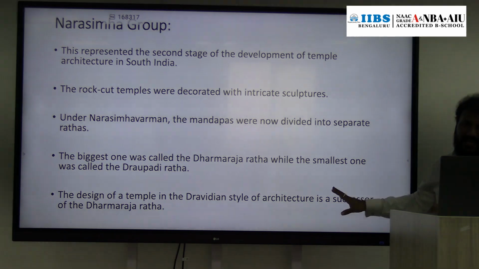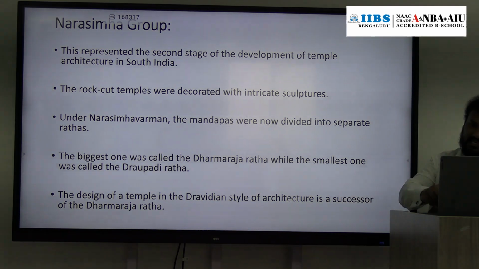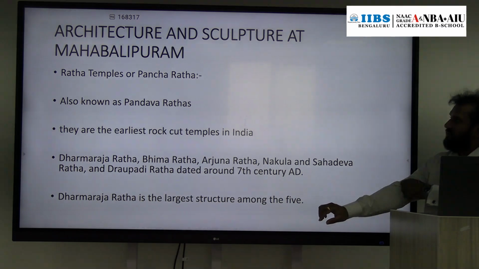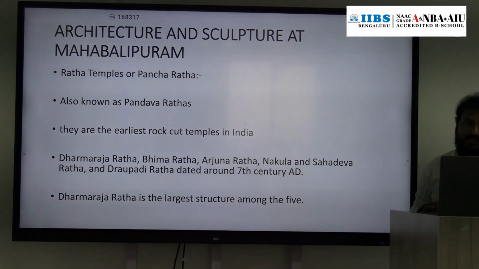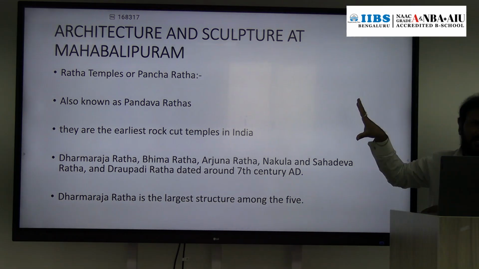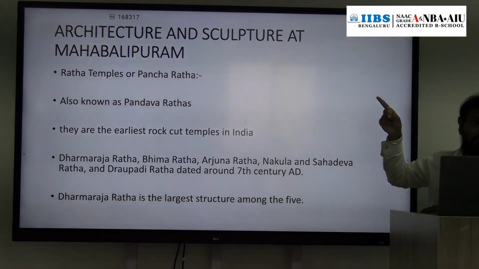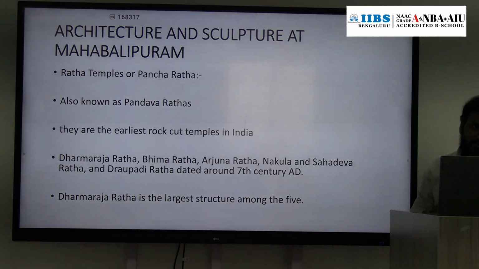This is the base for the Dravidian style of architecture. One by one we will discuss the architecture and sculptures present in Mahabalipuram, because most of them were developed during the time of Narasimhavarman, who belongs to the Pallavas.